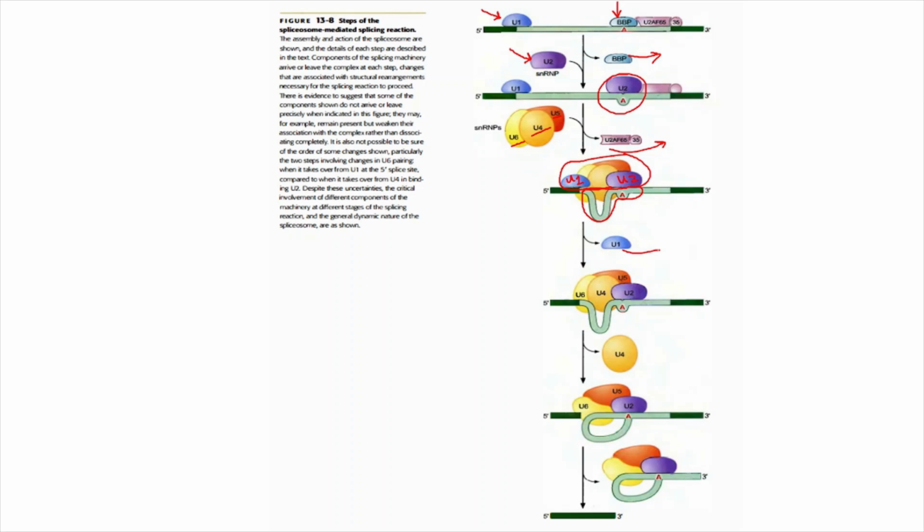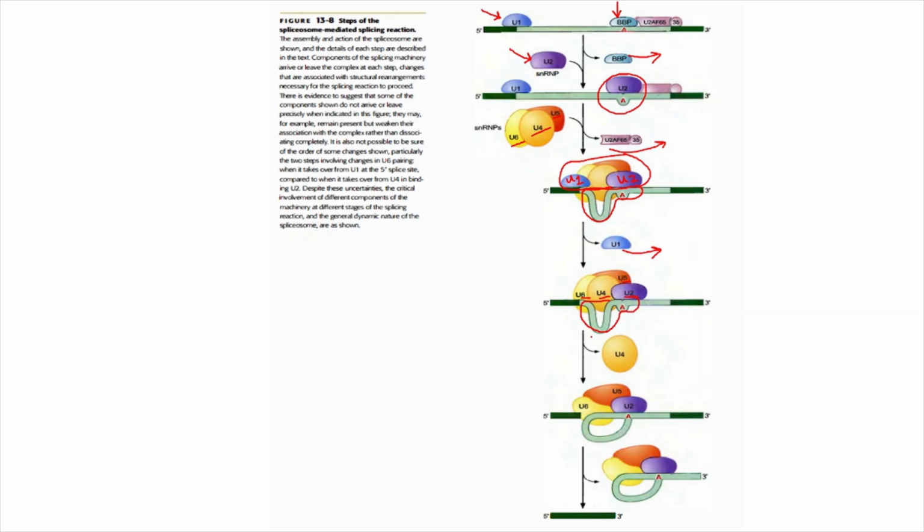So in the following step, the U1 protein is released from the complex, and as a result, four proteins remain: U2, U4, U5 and U6. And at the same time, the introns are now closer than in the previous case. So they have come a bit closer here.